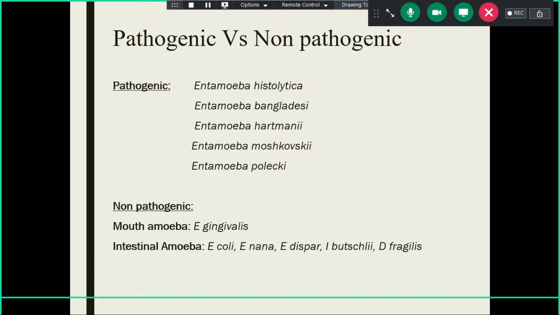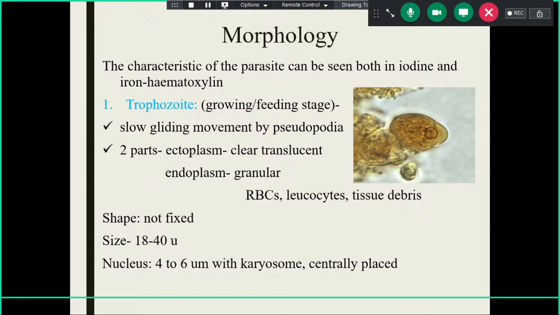Now coming to non-pathogenic, Entamoeba gingivalis. The name itself suggests it will be found in the gingiva, that is the oral cavity. Intestinal non-pathogenic amoebae: Entamoeba coli, Endolimax nana, Entamoeba dispar, Iodamoeba butschlii, Entamoeba fragilis. Okay. Morphology.